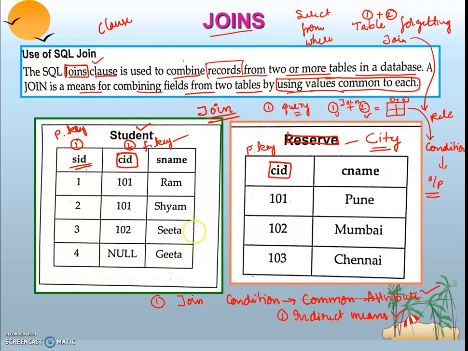So the CID in one table is acting like a primary key and in the other table is acting like a foreign key. In simple terms, for applying the concept of joins, there should be a foreign key existing. Very simple. The concept of foreign keys and other keys has been discussed in one of my videos. This link I'll be providing in the I button. Okay, so let's move on further.